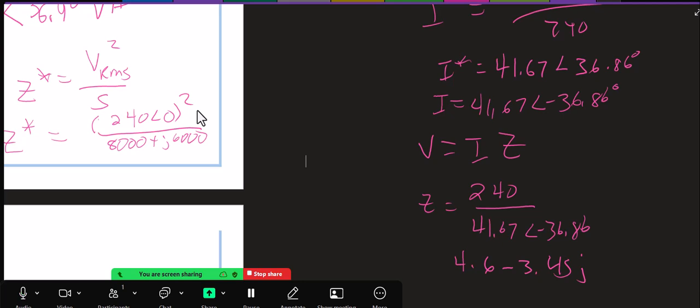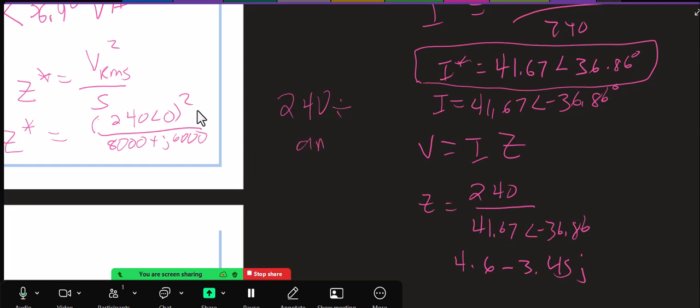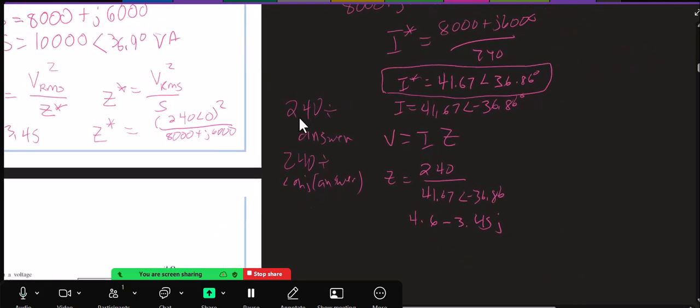On my calculator I found I star, and then when I did this I did 240 divided by answer, and I should have done 240 divided by the conjugate of the answer, and there is a conjugate in the complex menu.